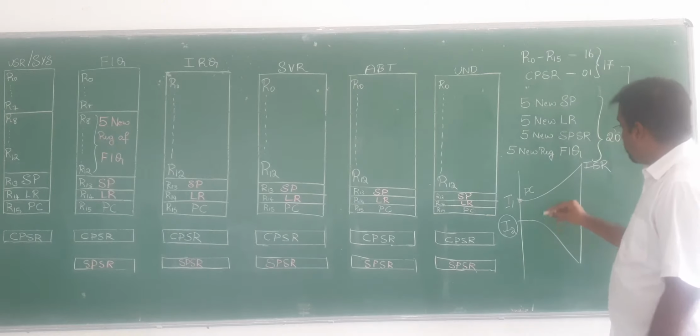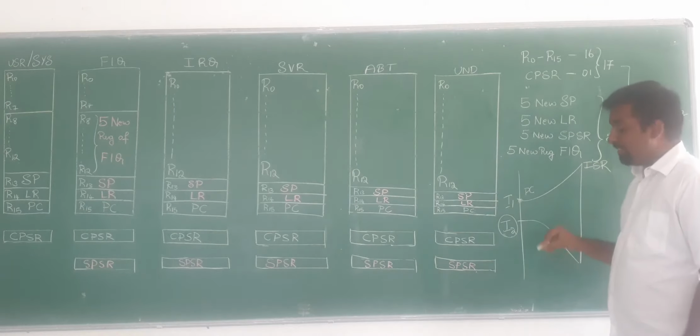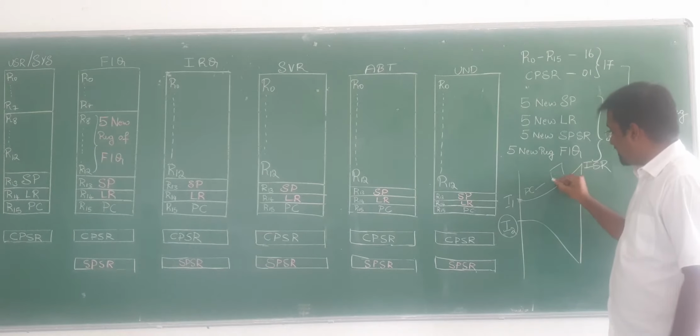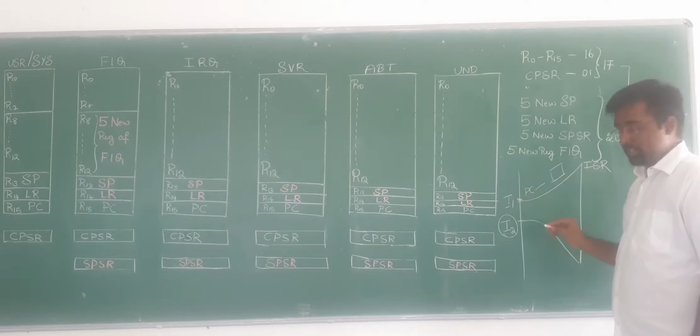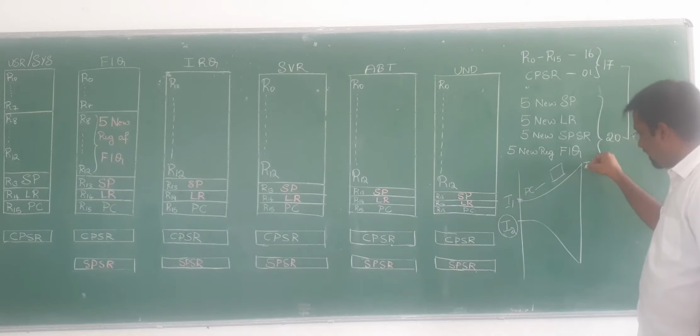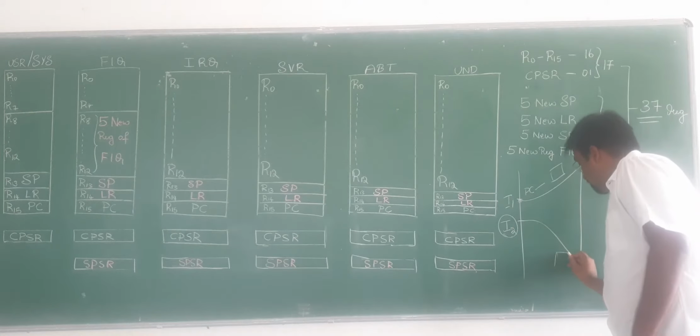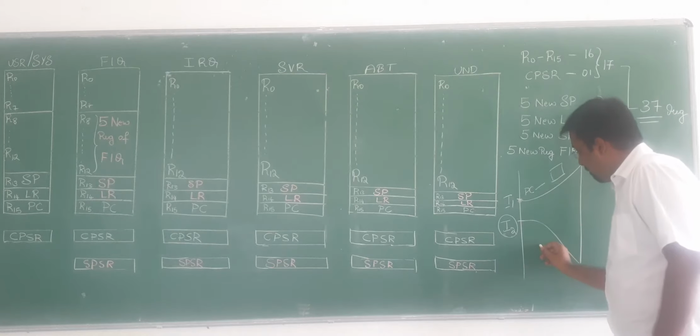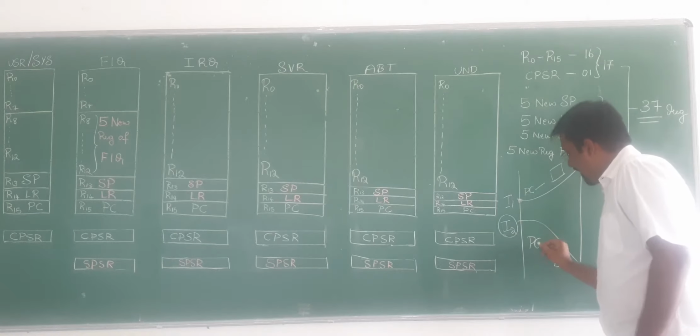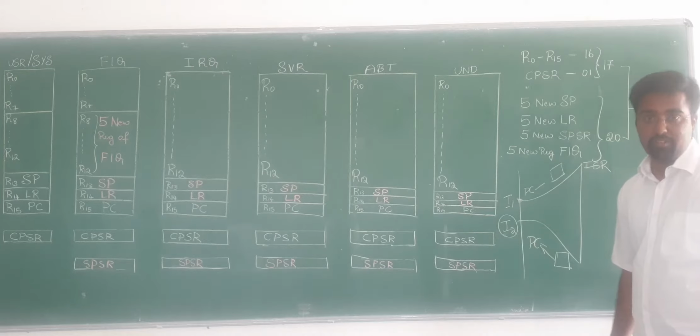So if I want to execute my ISR, the value which was in the PC, I will store at some location so that I can execute the ISR. After execution, when I come back to instruction 2, I'll load that address back into the PC and come back to the next instruction.